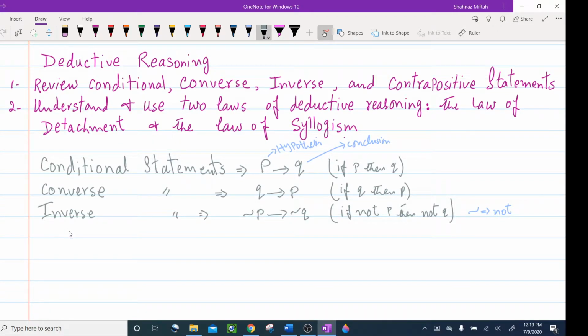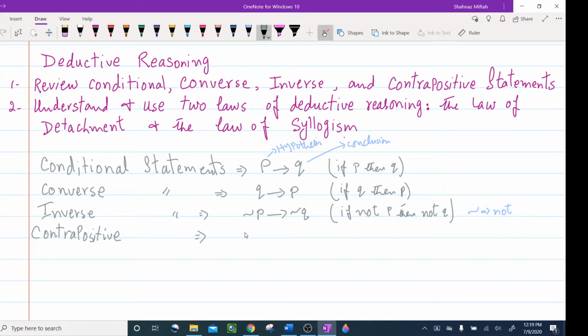Next one is the contrapositive statement. Contrapositive is like a converse, where we switch the Q and P, but with the not.